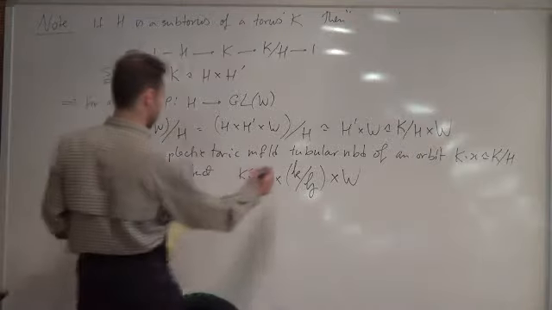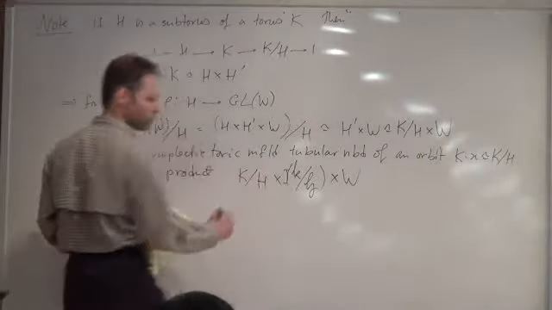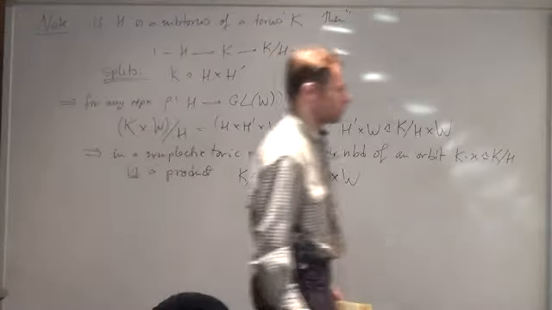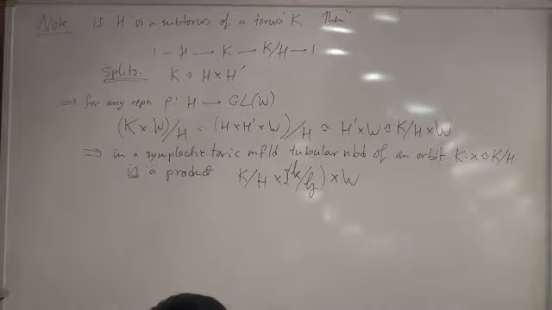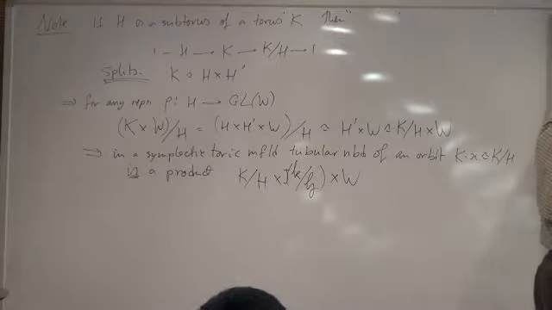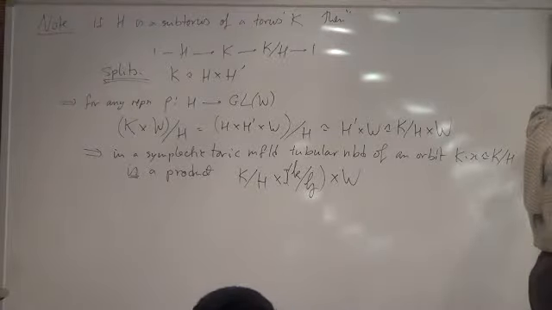Strictly speaking, I have this J sitting here, right? In this argument, K is not a torus. So K is a symmetric torus. Here, I don't need K to be a torus.